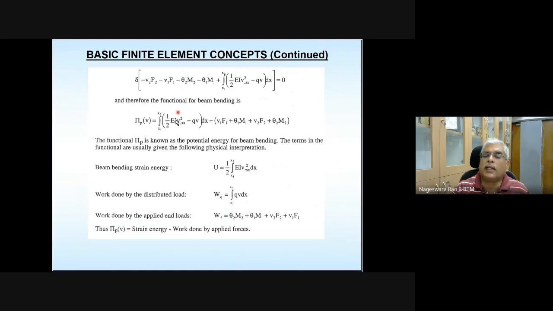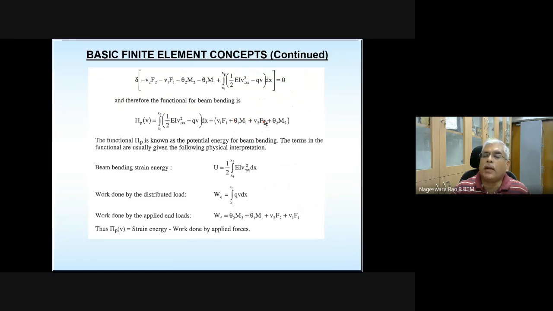Here it is strain energy, this bending strain energy, minus work done by the transverse distributed load, and you applied, for this particular case, point loads. Load multiplied by displacement, moment multiplied by rotation or slope.